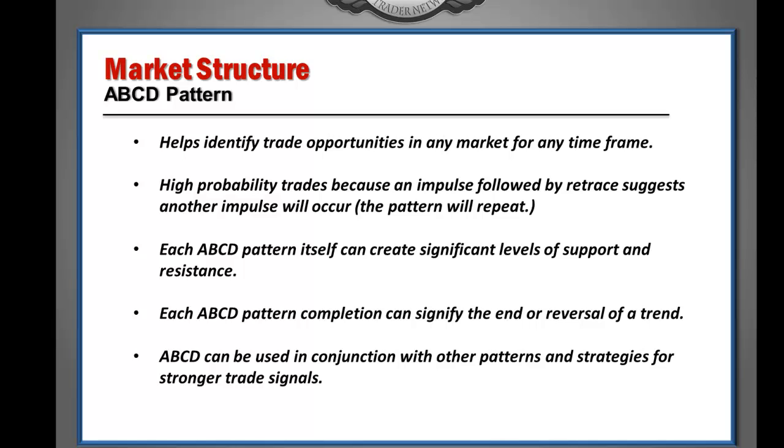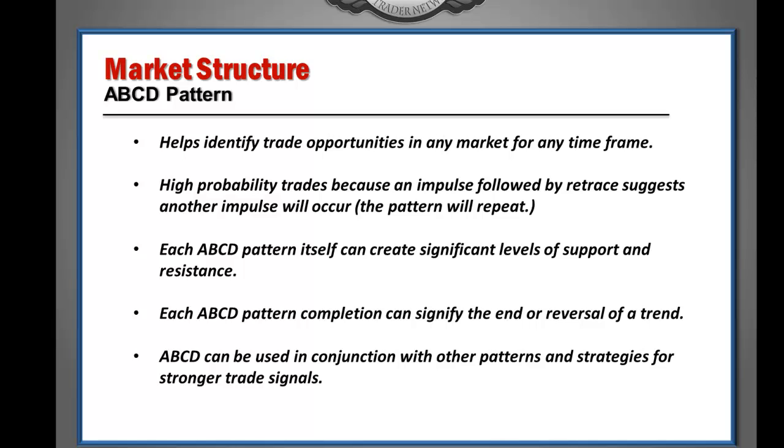So when we see an impulse leg and when we see a retrace, we bring in our other tools, our Fibonacci tools. We can take a look, and that's how we build our Fibonacci expansion. Impulse leg, retrace to a potential expansion level with the completion of an ABCD pattern. And we know that these ABCD patterns create the swing highs and swing lows in price action.